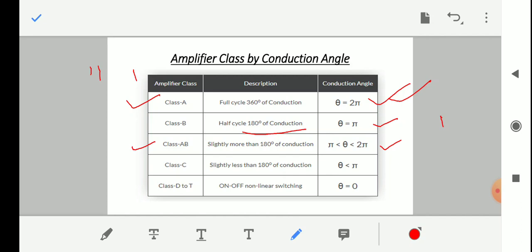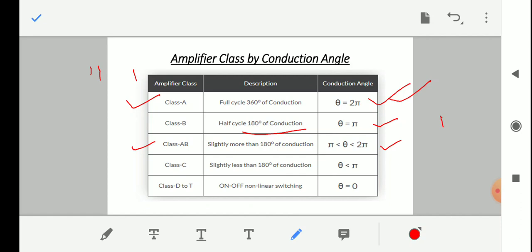Class AB amplifier provides power efficiency of about 70-80%, whereas there is no signal distortion at all as compared to class B amplifier. So it provides high power efficiency, linearity, and high gain.